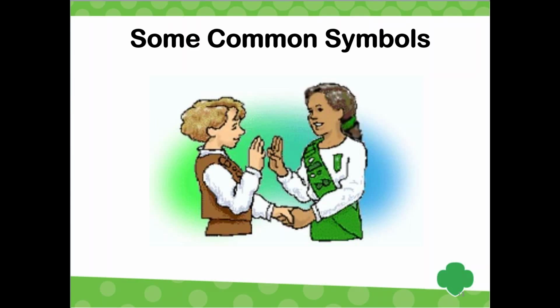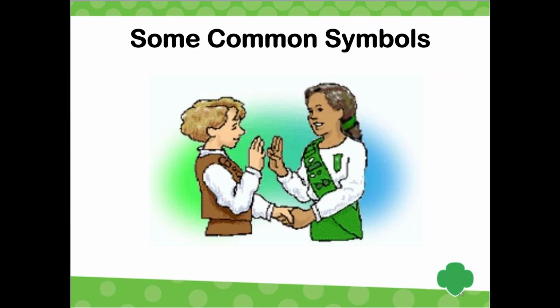So let's see, we do have a question. This is my first year as a leader, so this is also overwhelming on how to run a multi-age troop. Brownie second year, 7 girls, and junior first year, 2 girls. Oh, Amanda, I hear you on that.